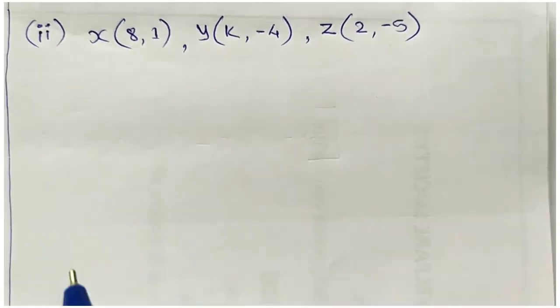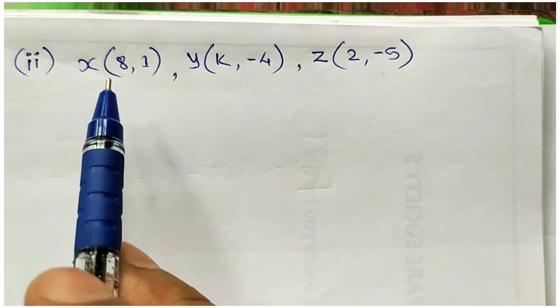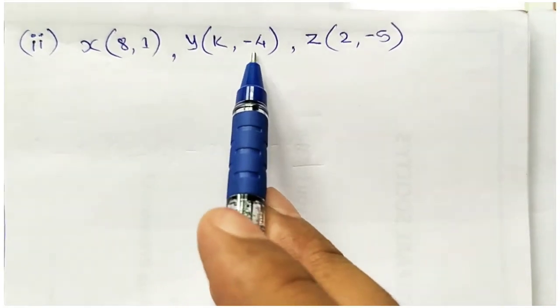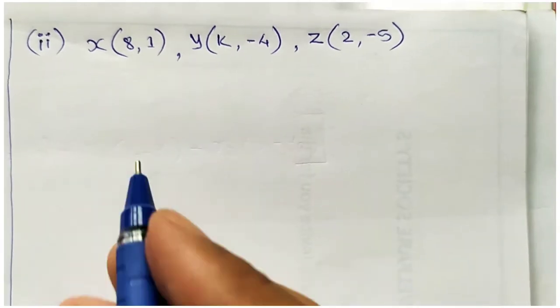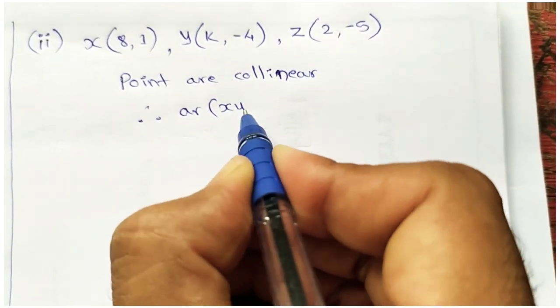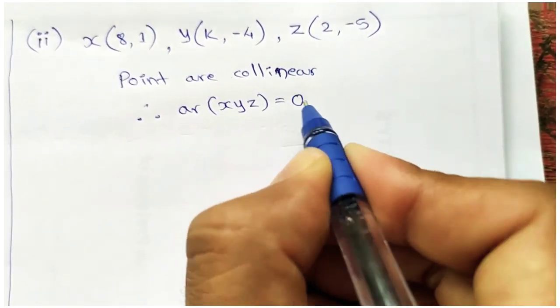Now coming to the second question, I am taking the vertices as x, y, z along with the coordinates 8, 1, k minus 4, 2 minus 5. Okay, so the points are collinear here also, so the area of x, y, z equal to 0.